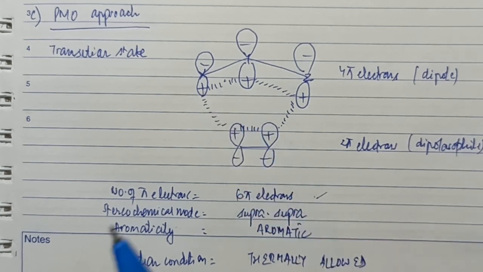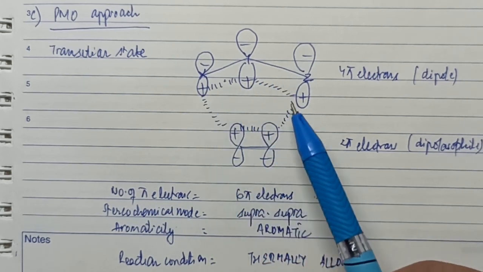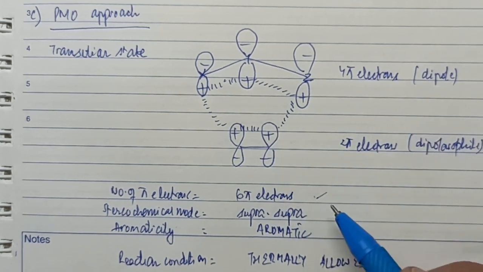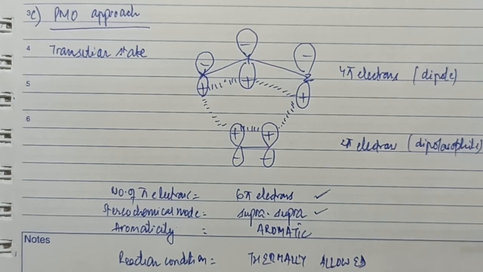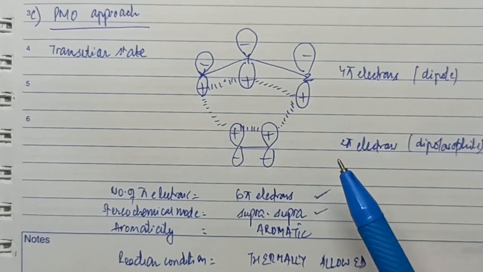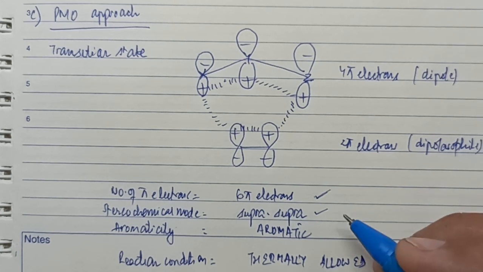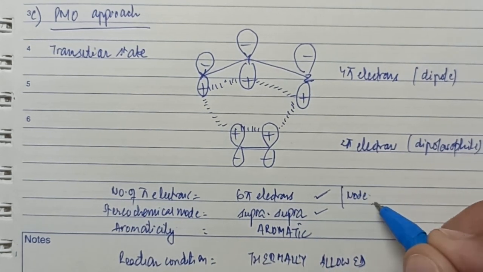Since I have to draw the most stable orbital, the best possible bonding interaction has to be shown. I'm talking about the supra-supra stereochemical mode. So this is the interaction and this is the orbital picture. 4 electrons coming from this, 2 electrons coming from this. Therefore, this is a 6 electron system. The stereochemical mode as depicted is supra-supra. 6 pi electron systems according to Huckel rule with 0 nodes. Since the number of nodes is 0, I should write here nodes are 0.